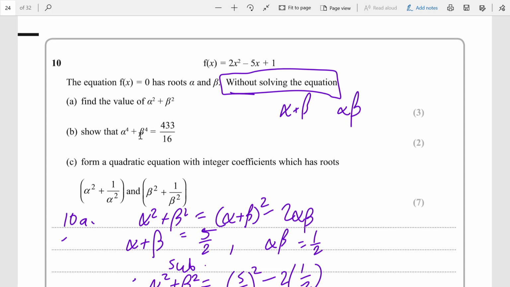So I think it might have something to do with, say for example, you have 2x squared minus 5x plus 1. So if you have 2 alpha squared minus 5 alpha plus 1 is equal to 0, and 2 beta squared minus 5 beta plus 1 is equal to 0, then you would know, for example, that if you multiplied this all by x squared, with 0 on one side, the 0 would stay the same, and you'd get something like 2x to the 4 minus 5x cubed plus x squared is equal to 0.